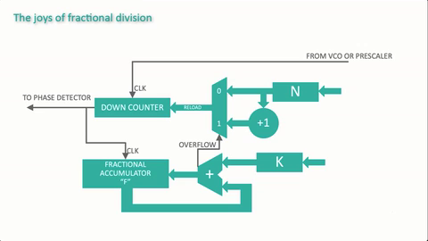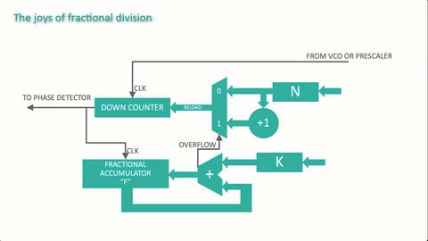The down counter automatically reloads every time it counts down to 0. But what selects which multiplexer input will be used to reload the counter? Well, that's where the overflow accumulator comes in. Every time there's a rising edge on the clock to the phase detector, we get to select a new reload source, either the N or the N plus 1 value.